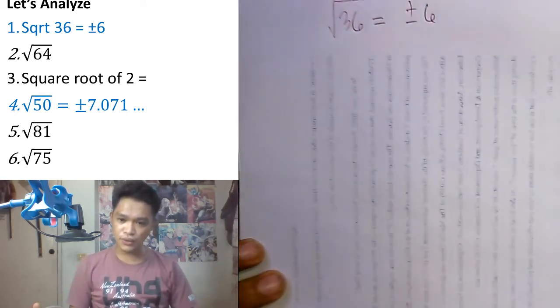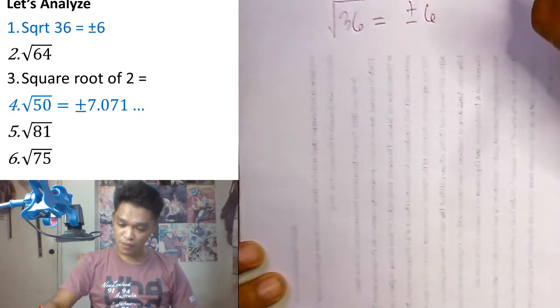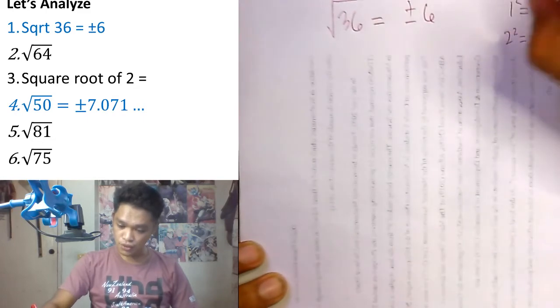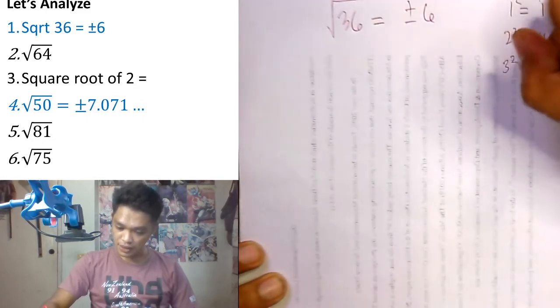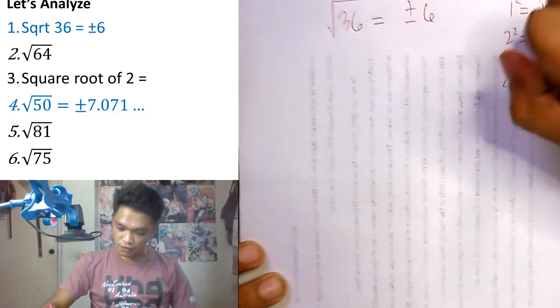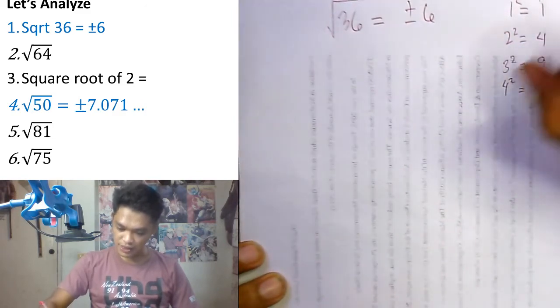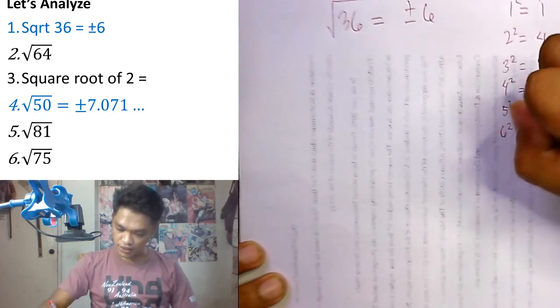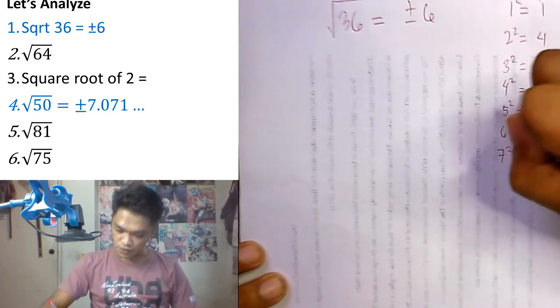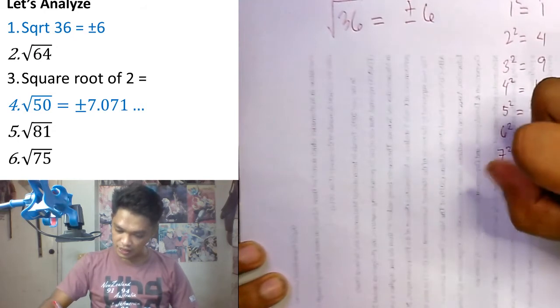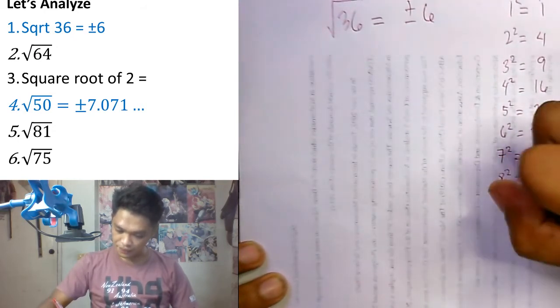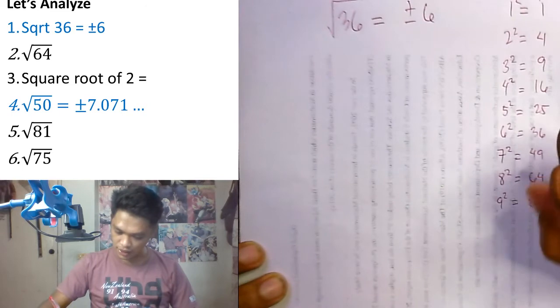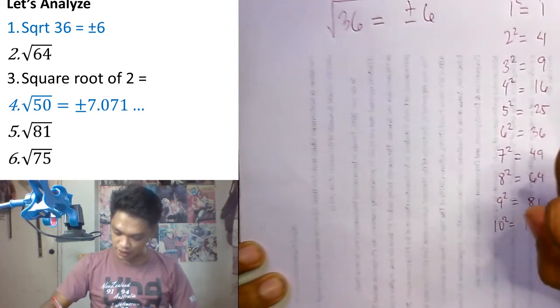Take note, we have the perfect square numbers in the multiplication table. 1 squared is 1, 2 times 2 is 4, 3 times 3 is 9, 4 squared is 16, 5 squared is 25, 6 squared is 36, 7 squared is 49, 8 times 8 is 64, 9 times 9 is 81, 10 times 10 is 100, and so on.